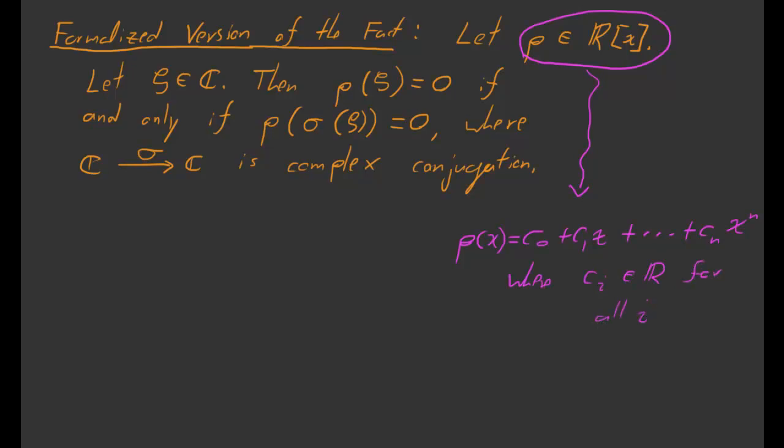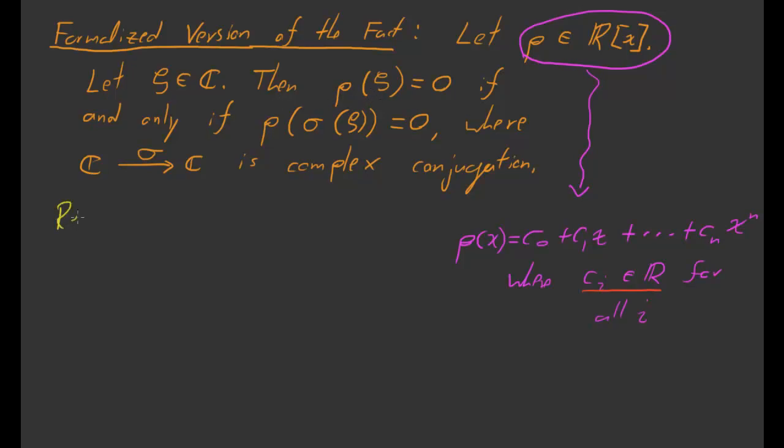This is why we say a real polynomial, because all of these coefficients, Ci, are real numbers. Okay, so let's let P be a real polynomial, and let's let zeta be a complex number. Then P of zeta is equal to 0, if and only if P of sigma zeta is equal to 0, where sigma is complex conjugation.